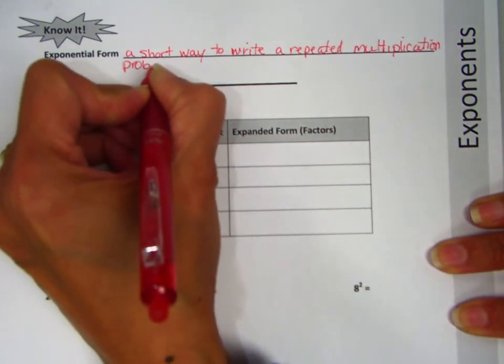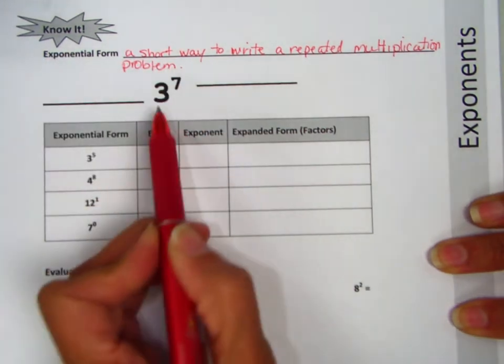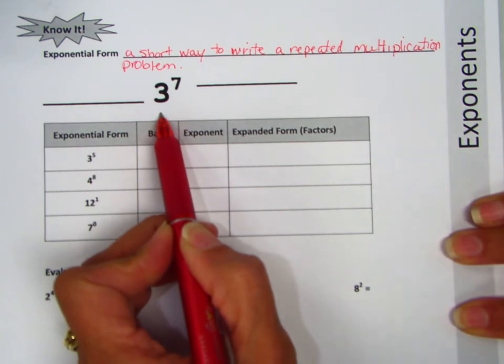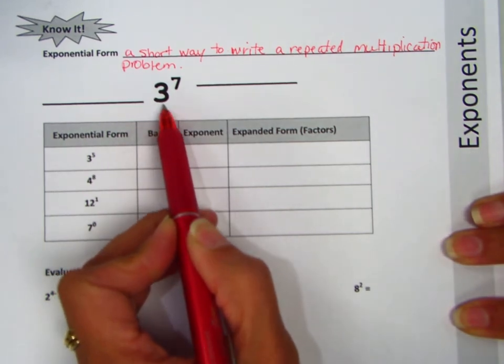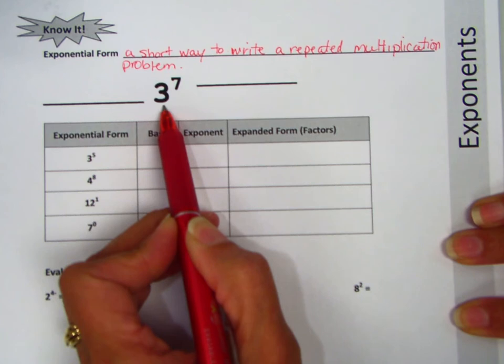And this is what exponential form looks like. It's a short way to write a repeated multiplication problem.